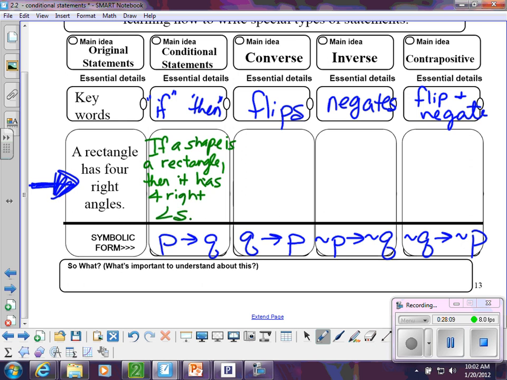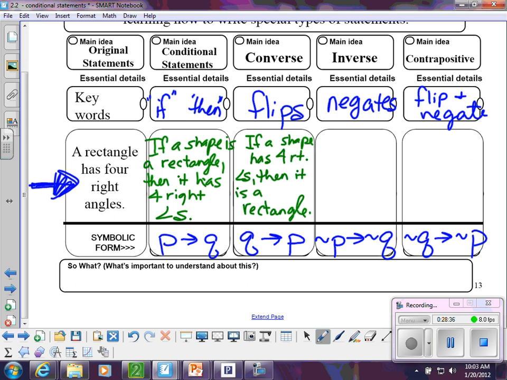So you made it a conditional, right? Okay, so I'm going to flip it, right? So if a shape has 4 right angles, then it is a rectangle. Good. Now I'm going to negate it, right?